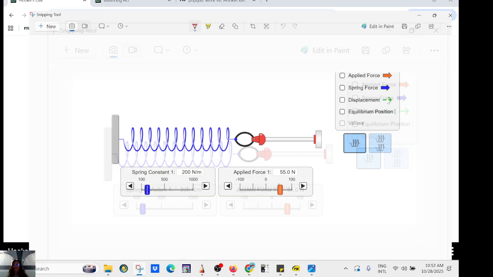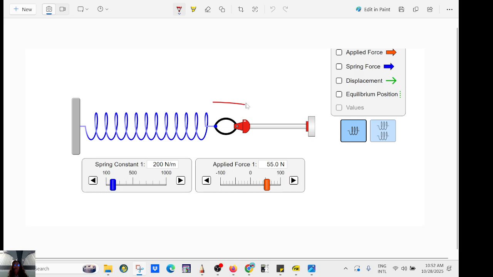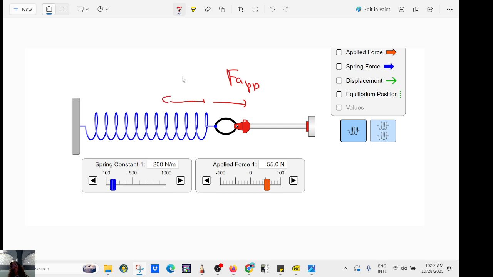It's pretty upset. Here you have the applied force pulling, so you're going to have what is called a restoring force. We call that the spring force. That spring force is trying to bring the spring back to its initial length.